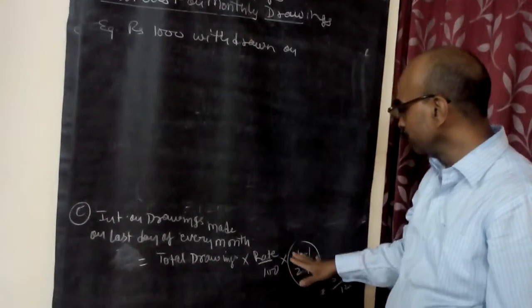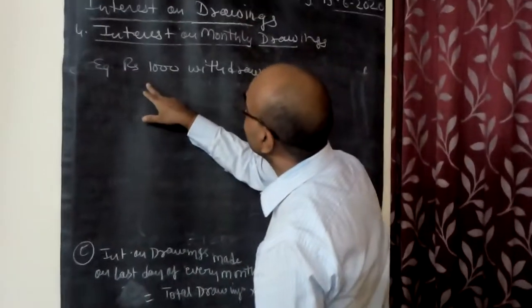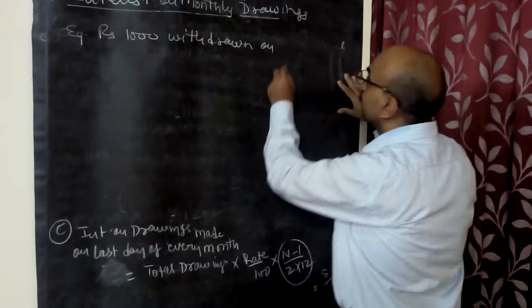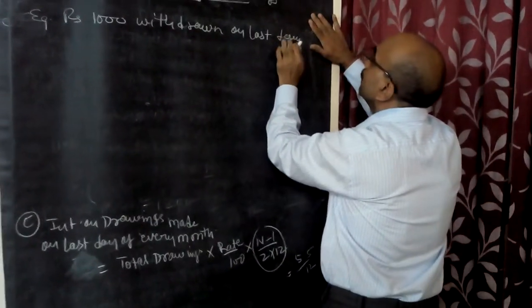So suppose example here, rupees 1000 withdrawn on the last day of every month.